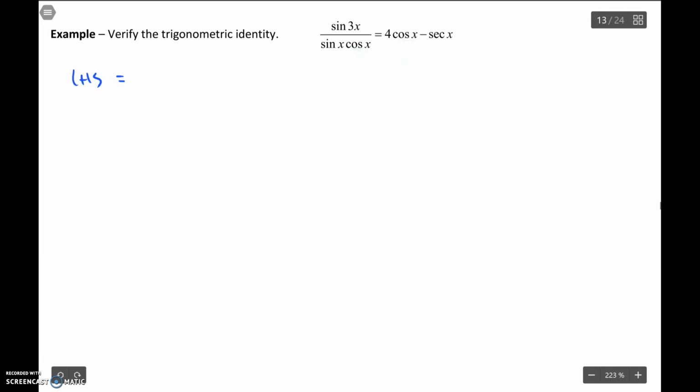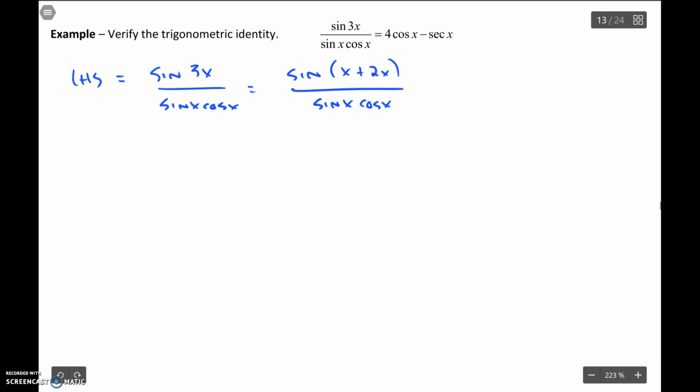So of course we're going to start with the left-hand side: sine of 3x over sine x cosine x. I can write this as the sine of x plus 2x over sine x cosine x.